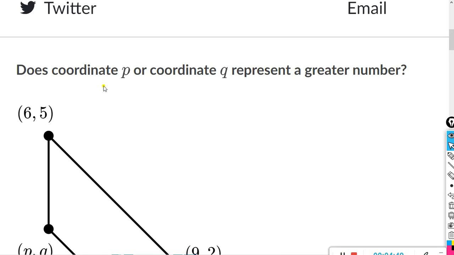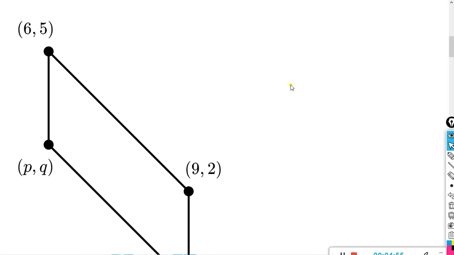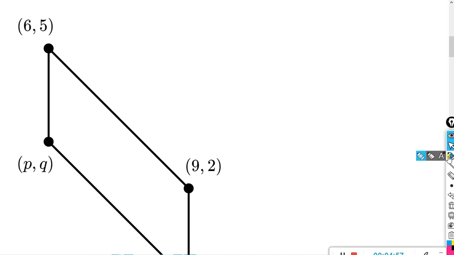Okay, here they ask, does coordinate P or coordinate Q represent a greater number? All right, let's see. So remember, these coordinates are in the form of x, comma, y. All right. Now the x-axis is how far left, right the point is.